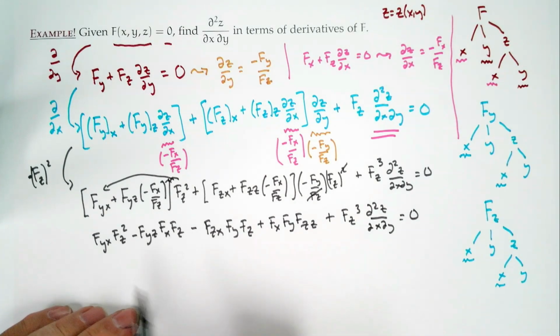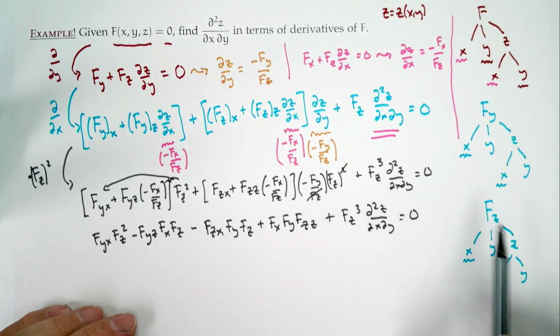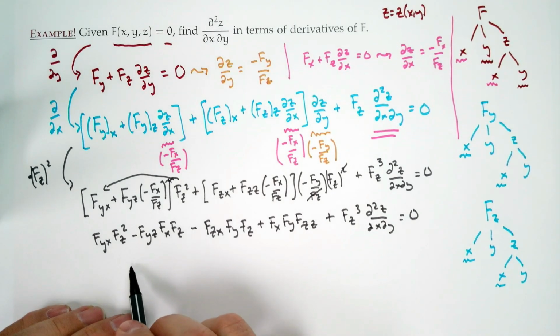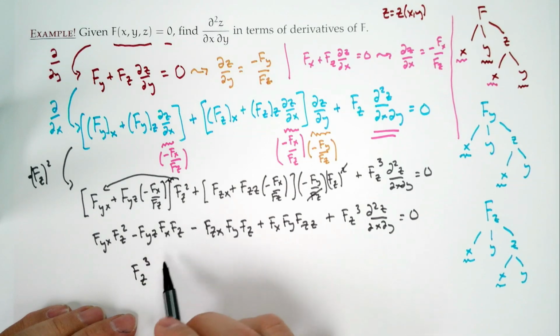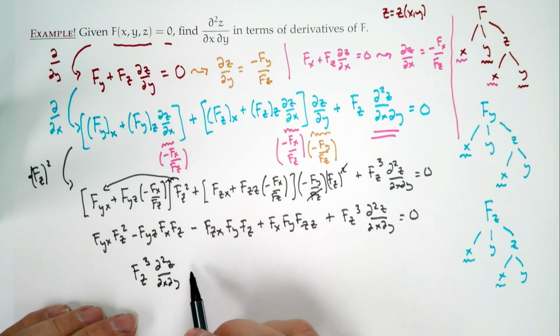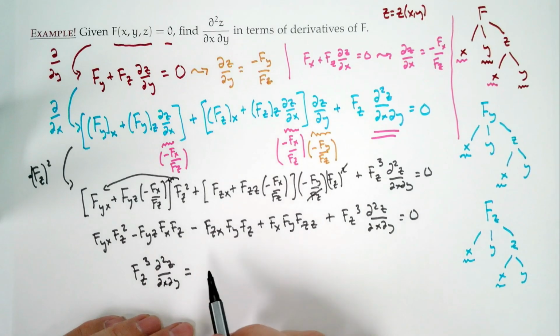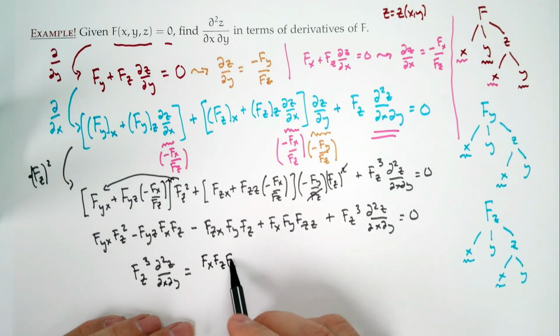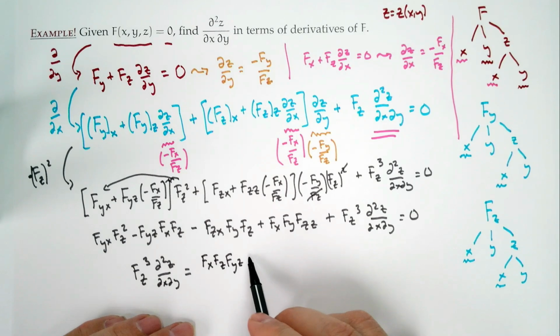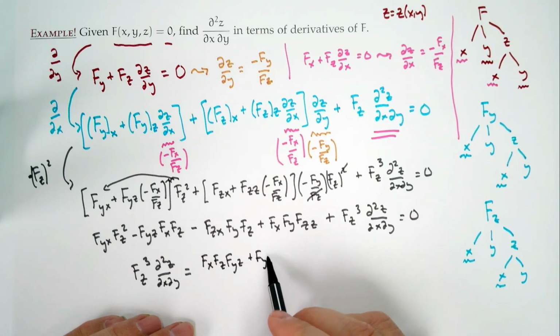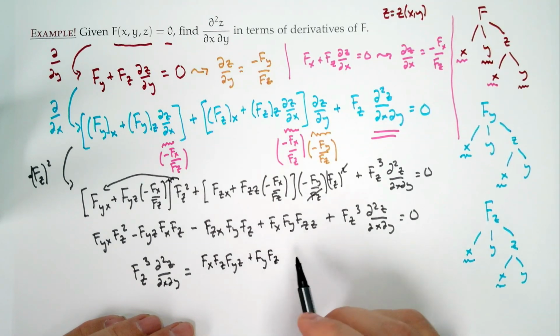Now we're in the home stretch. We'll take all that, move it to the other side. So, rearrange. F z cubed, partial squared z, partial x, partial y is equal to, well, let's put the positive terms first. So we get the f x, f z, f y z plus f y, f z.